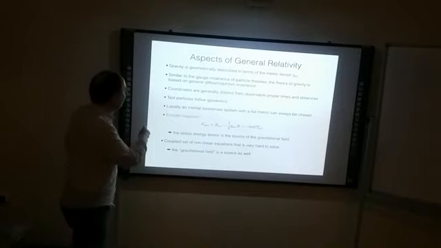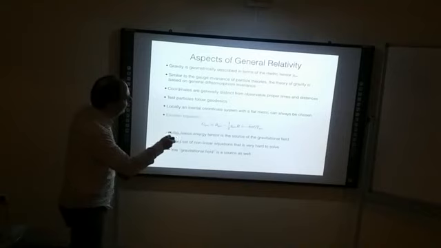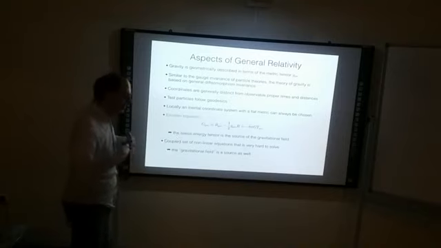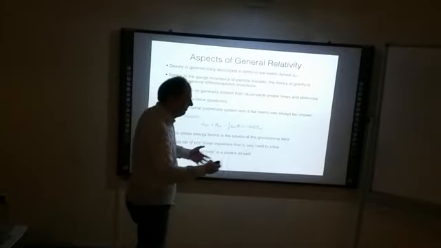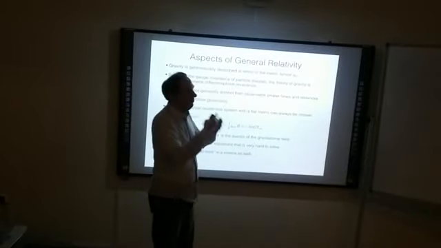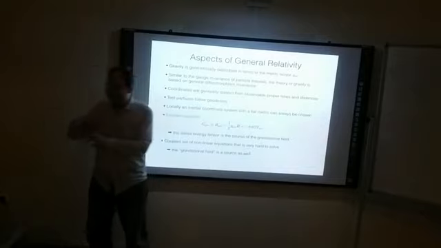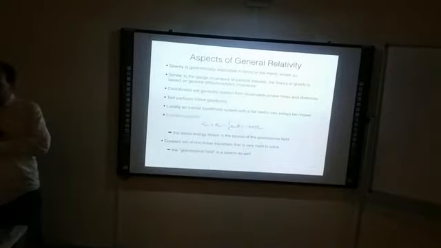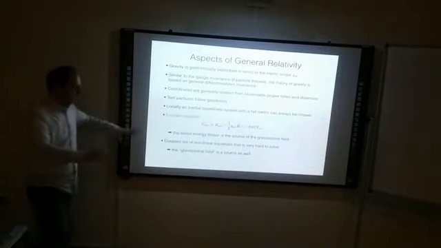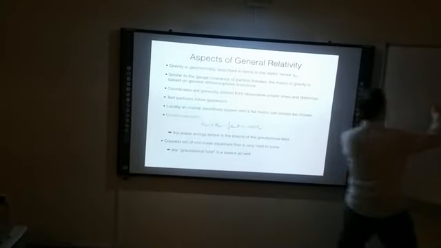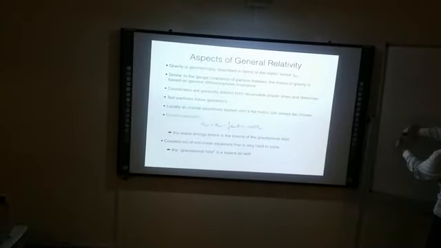What general relativity does is describe gravity in terms of the metric of space-time. If you have a flat surface like this blackboard, then it's clear how two points are separated.